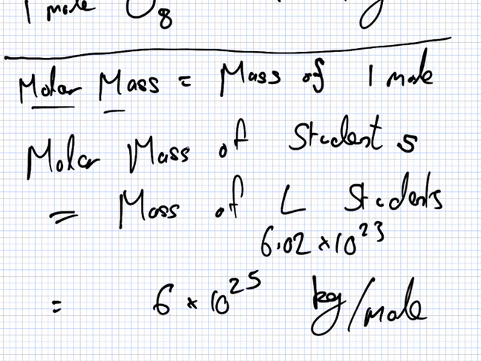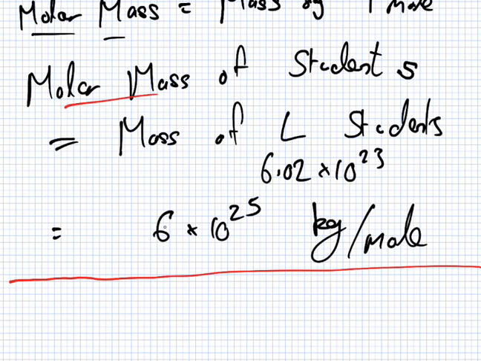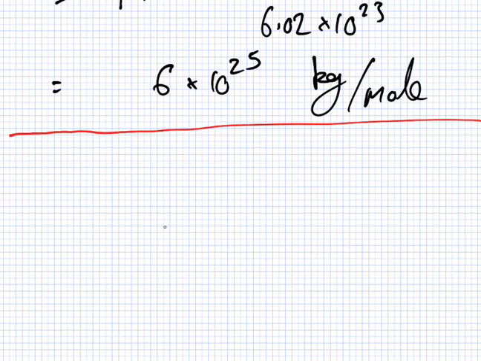I roughly said a student's 100 kilograms, and now this is the molar mass. I'm saying for students to be some number like this, maybe not as big. I think students generally aren't 100 kilograms. Alright? Okay. Can I go down?